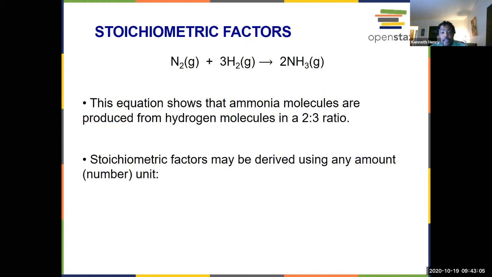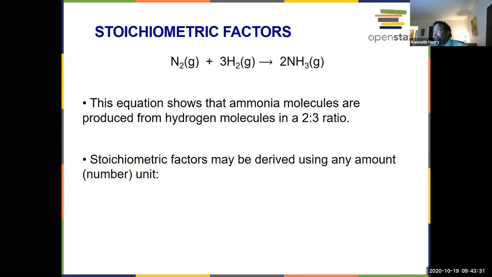Okay, so if I'm looking at my equation right now, and I have one nitrogen molecule, how many hydrogen molecules will I need to react completely with that one nitrogen molecule? 3. 3, okay?